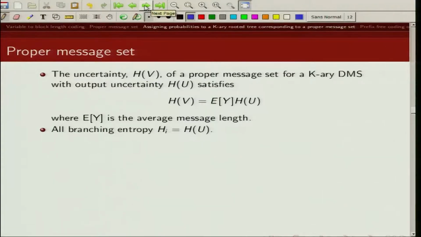Now please note that the branching entropy for this proper message set is given by H of U. Why is this true? Just go back and draw a proper message set. Let's draw the same proper message set that we have been working with.